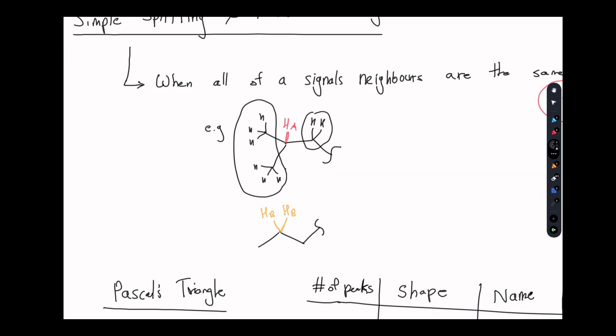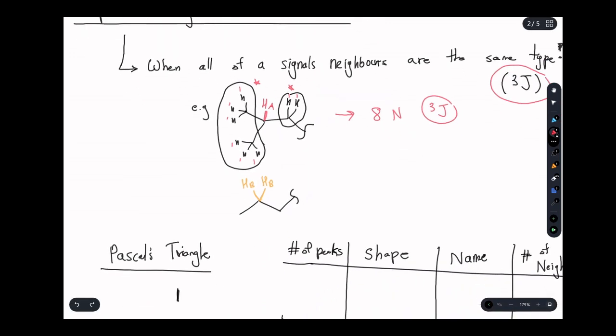But from the perspective of HA, we could say that it has 1, 2, 3, 4, 5, 6, 7, 8 neighbors. Or we could even say that, if we wanted to, that they are 3J apart. So we have 8 neighbors that are all the same distance. Recall that these, while they are different signals, right, these hydrogens are not going to be equivalent to these ones. They are still 3J, or 3 bonds away from HA, making them the same type of neighbor.